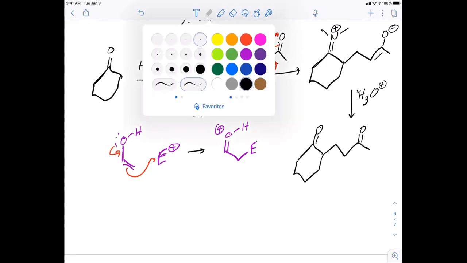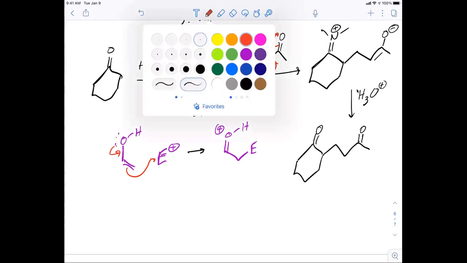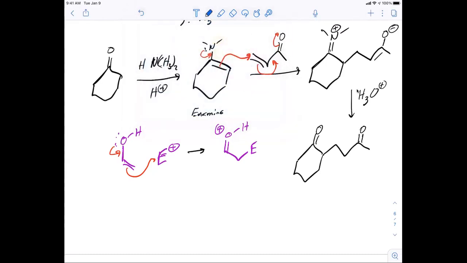So what happened in the last step here, let me pick a different color, is that the water and acid does a hydrolysis, right, and protonation of the enolate.